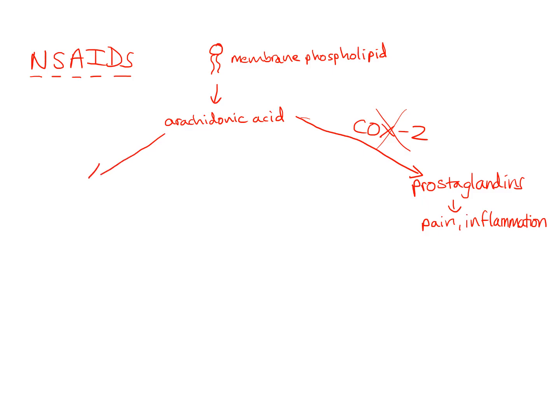Okay, so our COX-1 enzyme will take the arachidonic acid and will produce the eicosanoid thromboxane with that. And remember that thromboxane will cause the blood to clot.